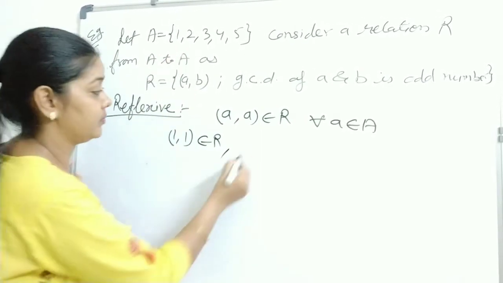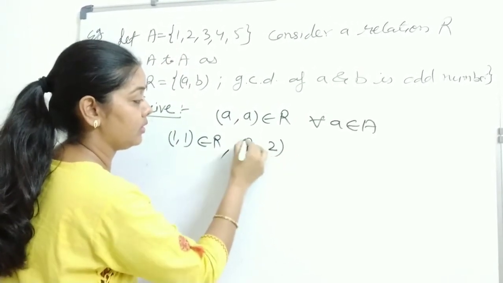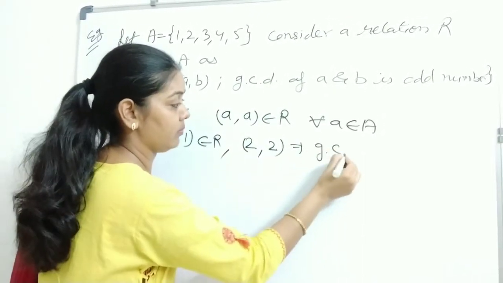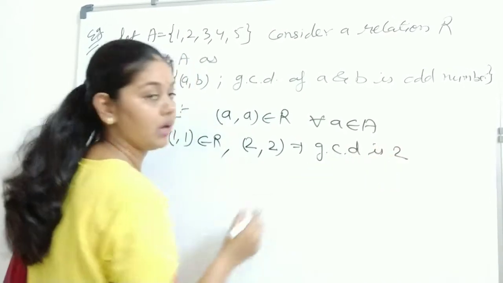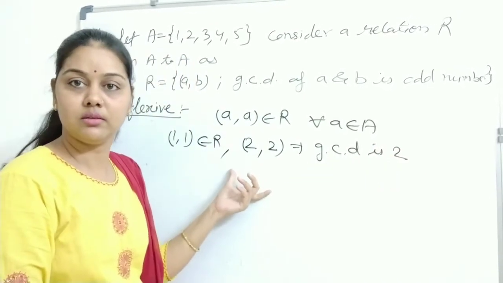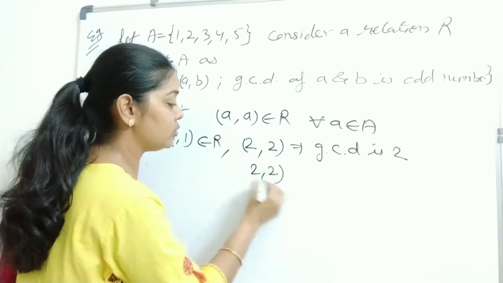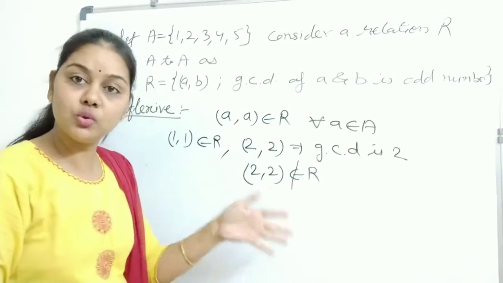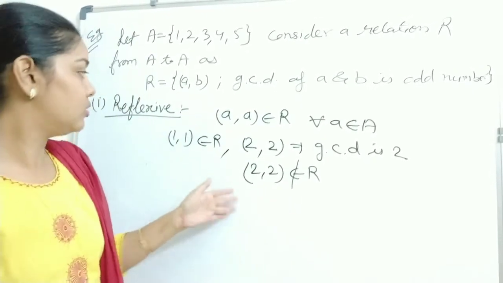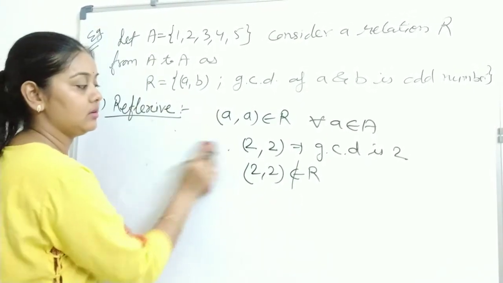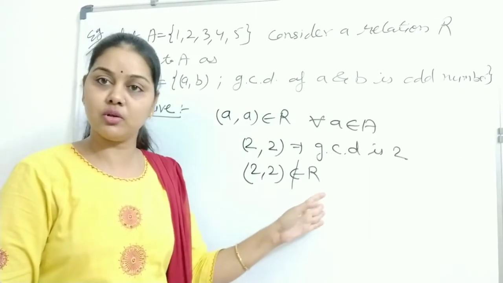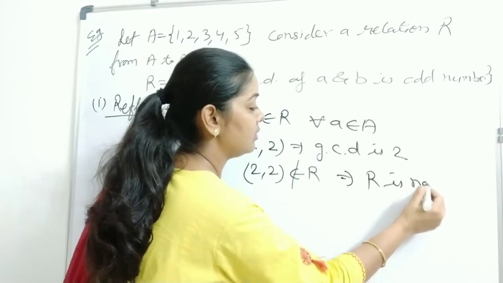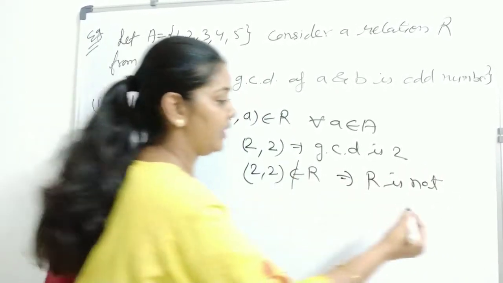For 2 and 2, the greatest common divisor is 2, and this is not odd. It means (2, 2) does not belong to R. It is sufficient to mention that (2, 2) does not belong to R. So that's why R is not reflexive.